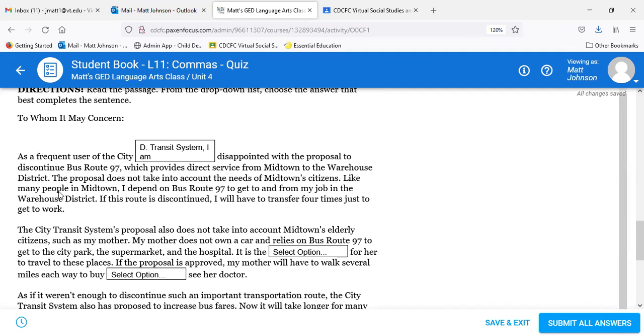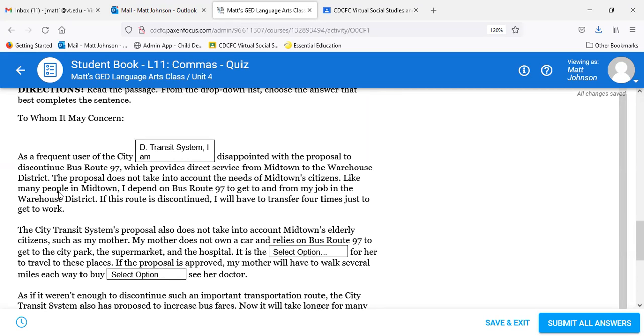So here: "As a frequent user of the city transit system, comma, I am disappointed with the proposal to discontinue bus route 97, which provides direct service from Midtown to the warehouse district." That's a really big sentence there, and you'll notice they separate it a couple times with commas. "The proposal does not take into account the needs of Midtown's citizens.